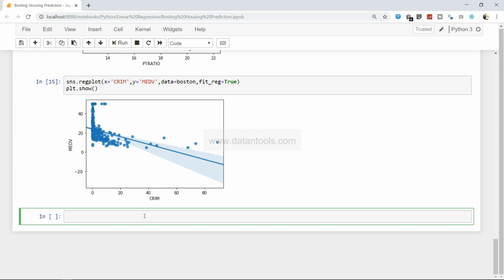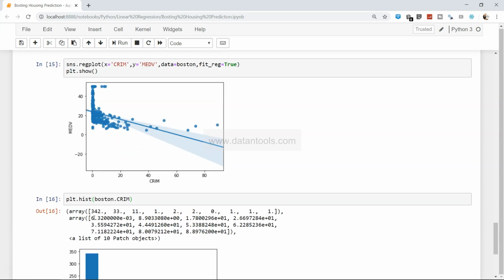Now let's see some histograms, and one histogram we can see is related to the crime rate. plt.hist is the method that we can utilize, and we can write boston.crim.